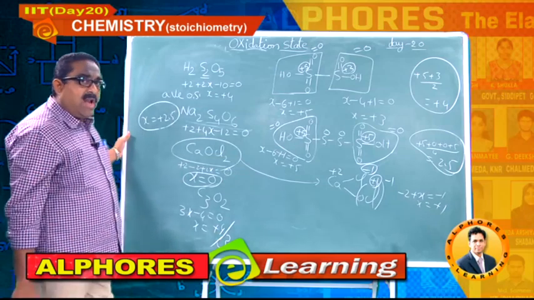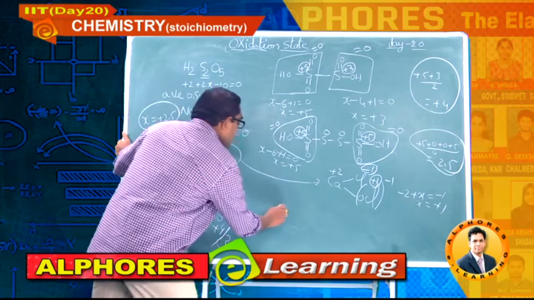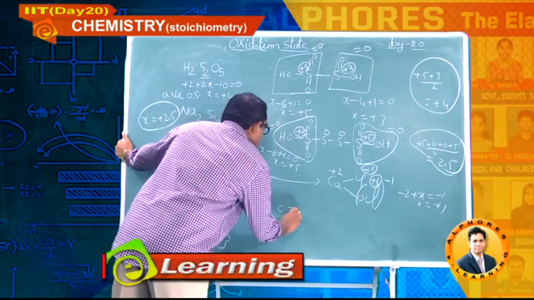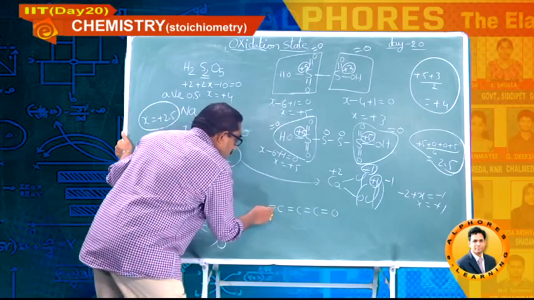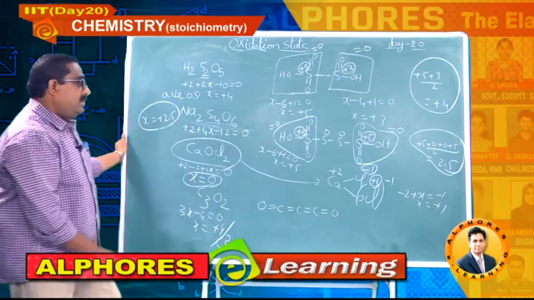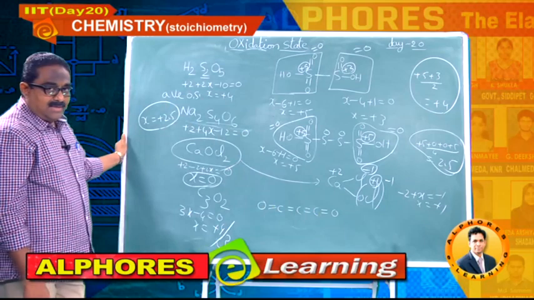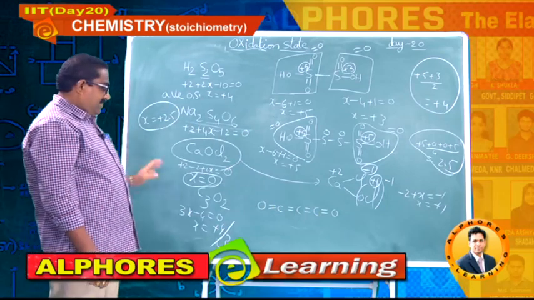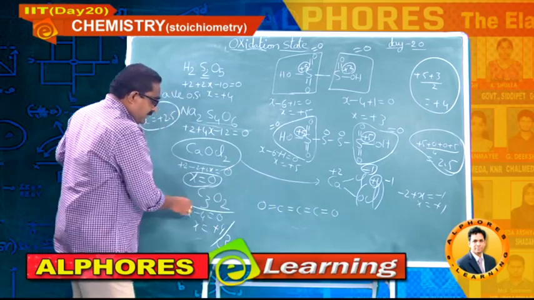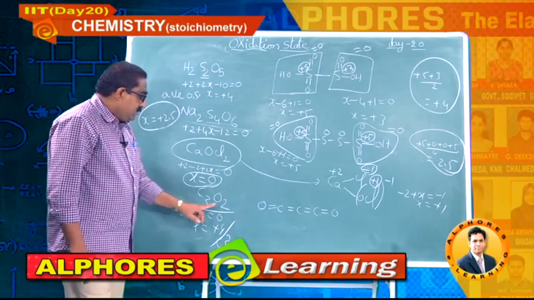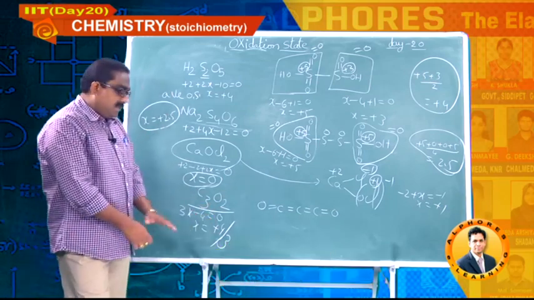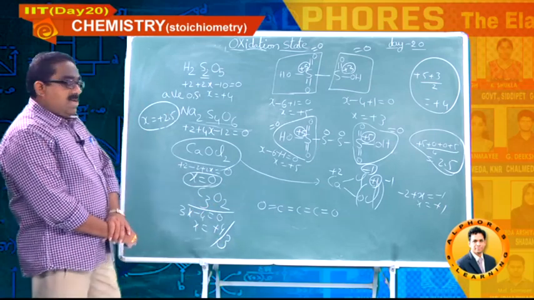Now for individual oxidation states we need the bonding. Alright, students, concentrate. Carbon suboxide, average oxidation state 3x minus 4 equals 0, x equals plus 4 by 3.